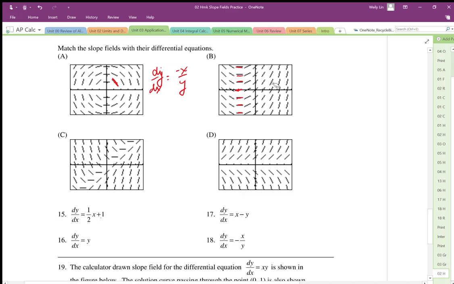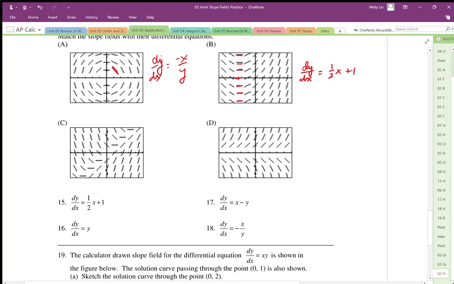Any numbers this side will give me positive values. Every number this side will give me negative values. Yeah, I see positive slopes and negative slopes. And it does look like a quadratic. So this dy by dx looks like it's going to be the linear function 1/2 x plus 1. And if I anti-differentiate this, I'm going to get x squared plus x, which is a horizontal shift to the left.